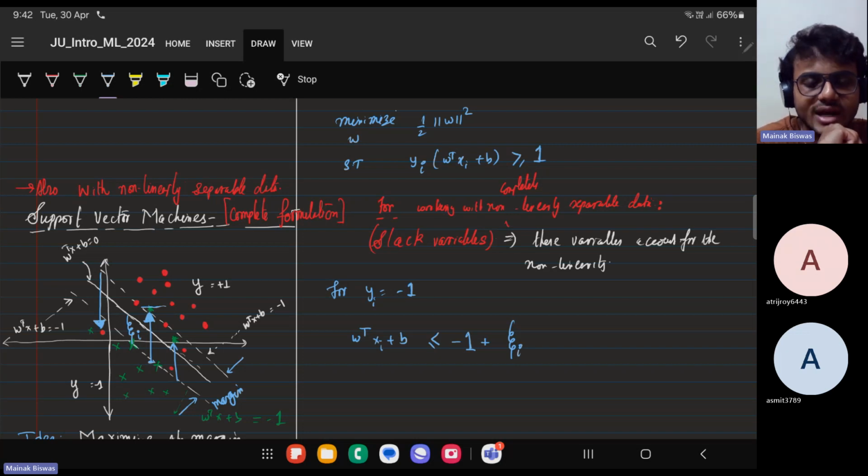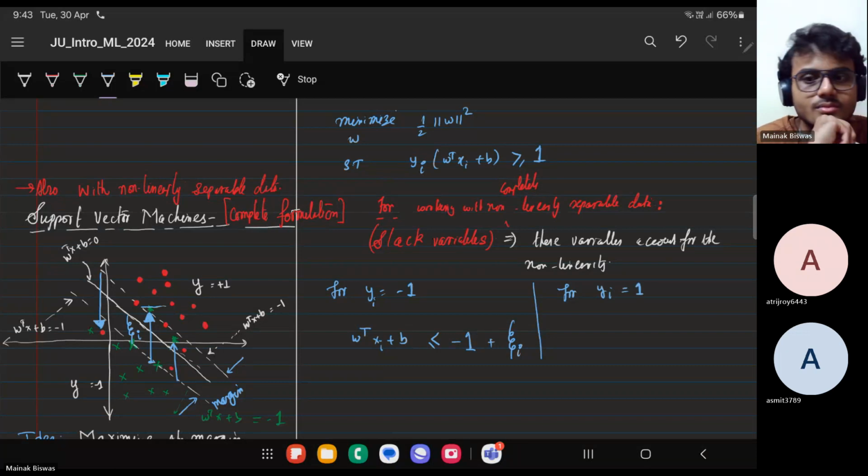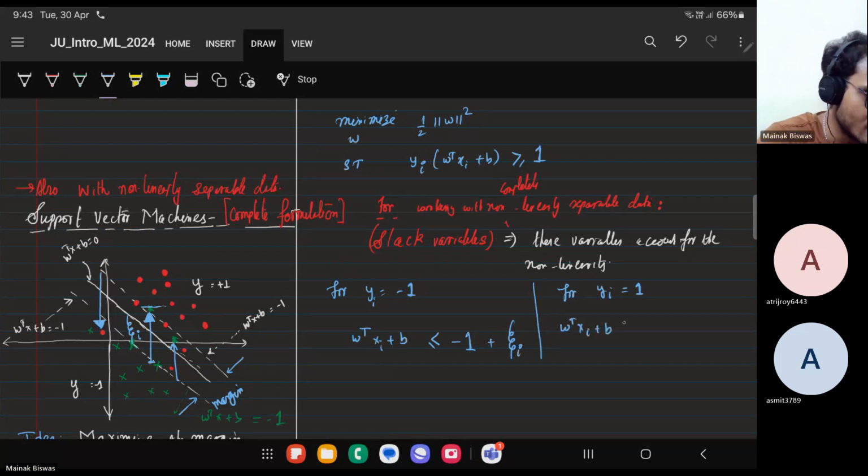So the slacks, we'll have to find out what the values are, but according to the diagram, they have to be less than this, right? Whatever the error is, we'll have to account for the error somehow, and the slacks are accounting for it. I'm waiting. If you have any question, please feel free to ask. If you have no questions, tell me what will be W transpose Xi plus B if Yi is equal to 1.